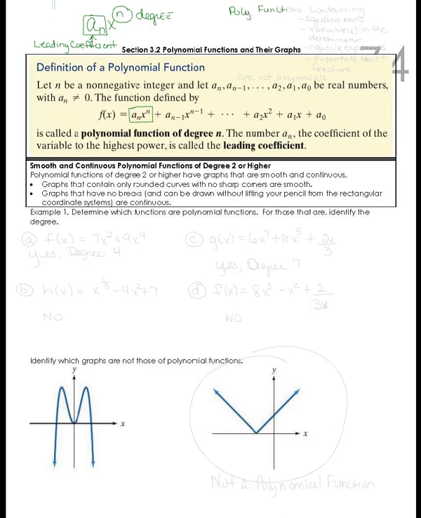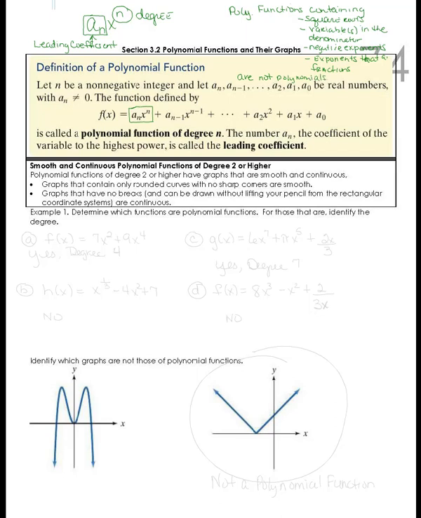Functions containing square roots, variables in the denominator, negative exponents, and exponents that are fractions are not polynomials.